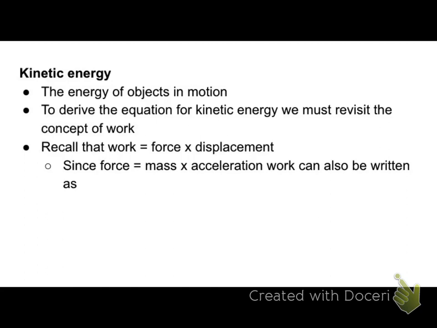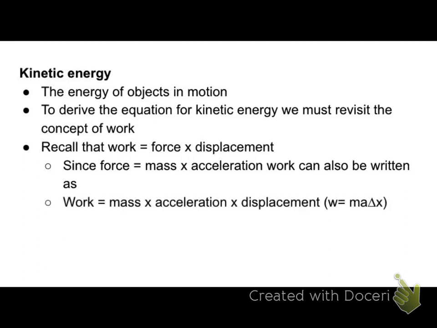And since force can also be written as mass times acceleration, according to Newton's second law, we can also write work as mass times acceleration times displacement. So we would write that as W equals m a delta x.